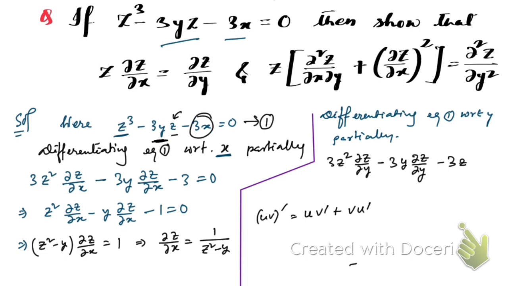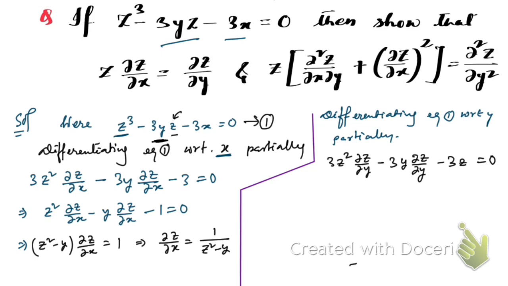The derivative of the last term is 0, because we take x as a constant when differentiating with respect to y. So that is equal to 0.